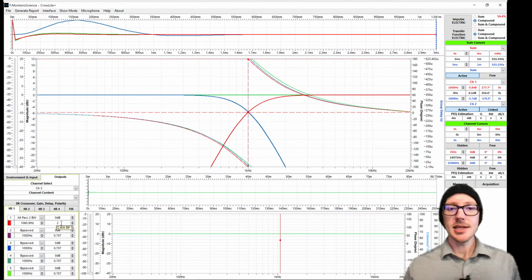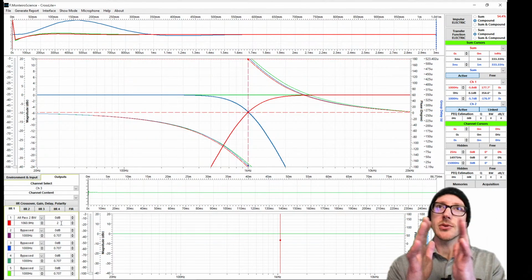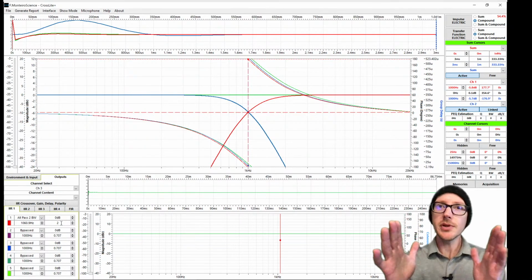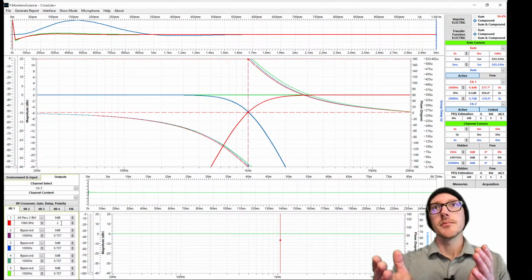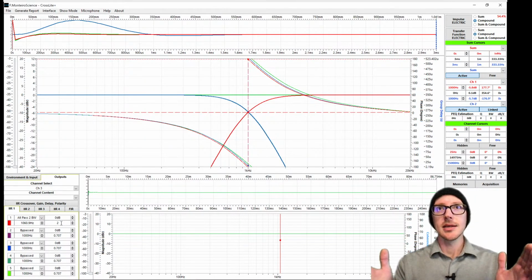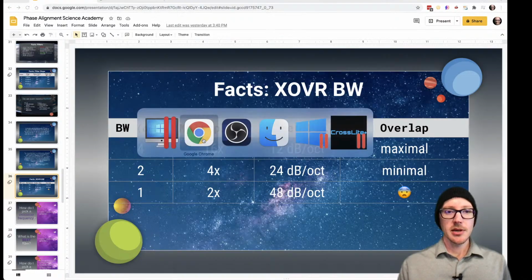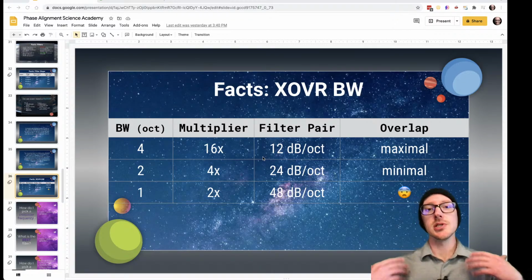And what's interesting about this is one of the things I'm going to be sharing at this weekend's upcoming workshop is kind of how to look at the bandwidth of not only a single filter, but an entire crossover to try to make some qualitative decisions about whether it is too narrow or too wide. And so here is one of the things I'll be sharing at this weekend's workshop, which is crossover bandwidth, and talking about how wide or narrow the bandwidth itself is and trying to make some decisions about that.